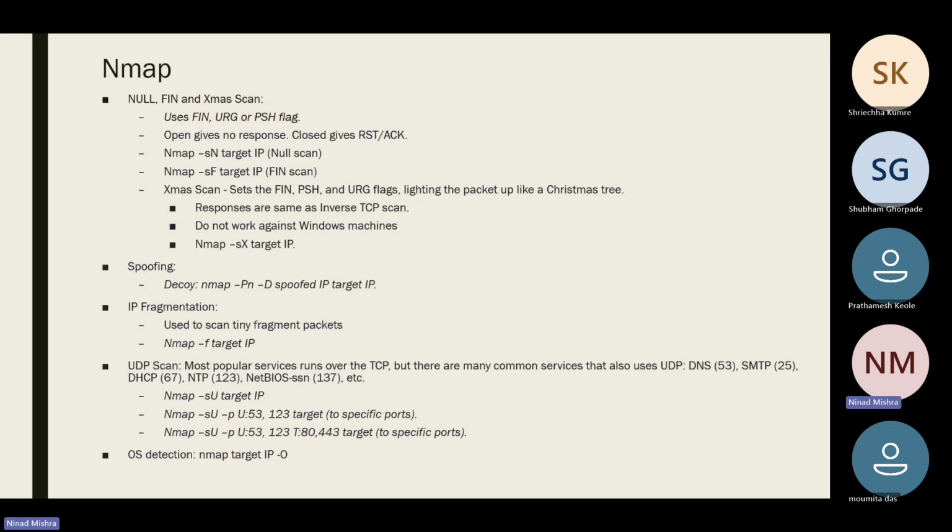Since the fragmentation packets are being sent, they will have different IDs, and because of this it will be difficult for the policies to consider this as one complete packet. So whenever you want to hide your identity, you can use IP fragmentation. It is used to scan with tiny fragment packets.